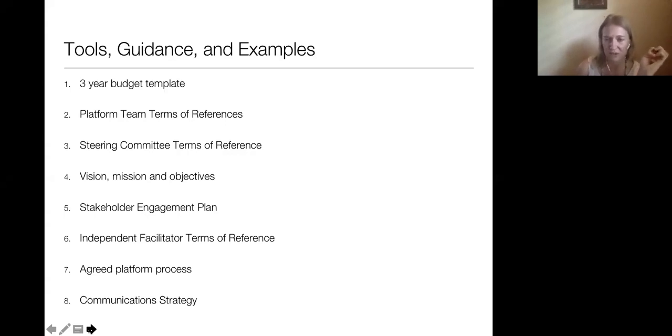We have stakeholder engagement plan guidance on how to do it, and templates that you can use to manage that. We have terms of reference for independent facilitators. We also have examples of what a platform process might look like on one slide, so that you can use that as the overarching slide or information piece, and also how to write a communication strategy, as well as examples of a communication strategy.